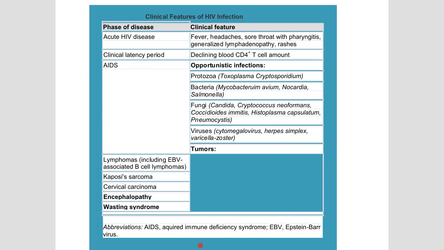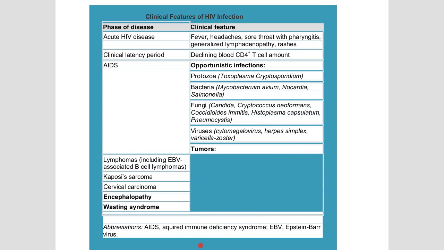The clinical picture is based upon the pathogenesis that we just discussed earlier. In acute HIV infection, you get symptoms that are very vague. Then there is the critical latency period.